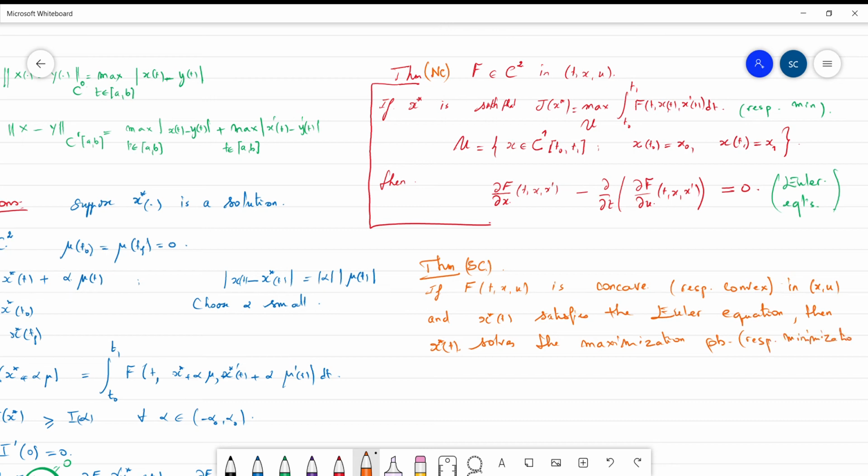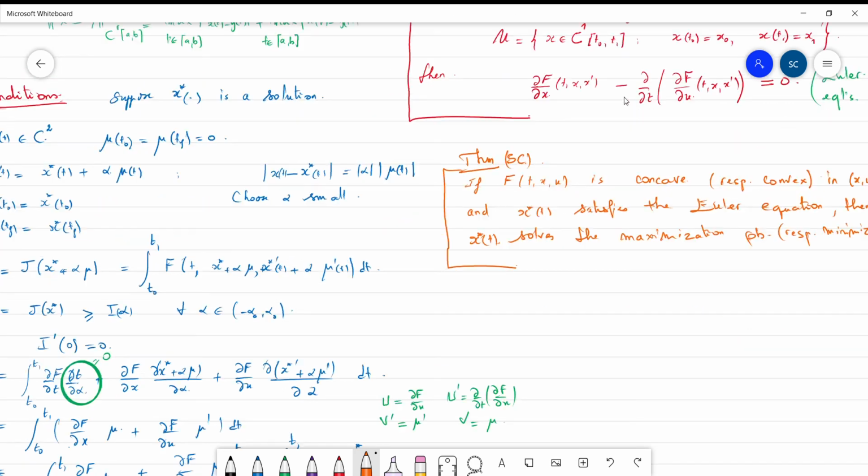So this is very helpful. The candidates are solutions of the Euler equation, and if we have concavity, for sure those candidates will be the solution. This is exactly the idea we developed in the other kinds of problems. So let's skip the proof and just see an example of application.